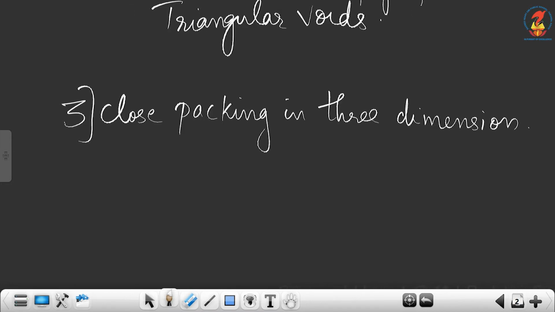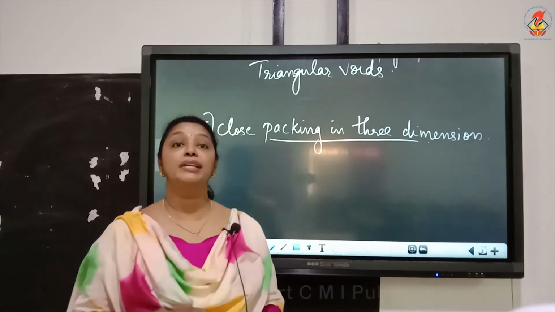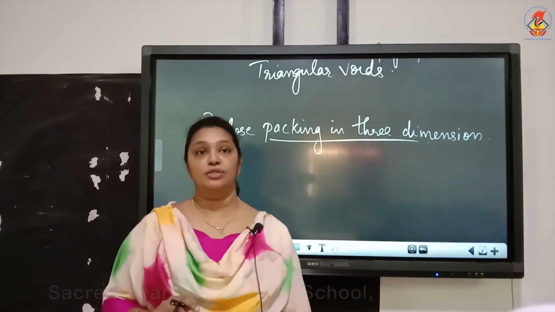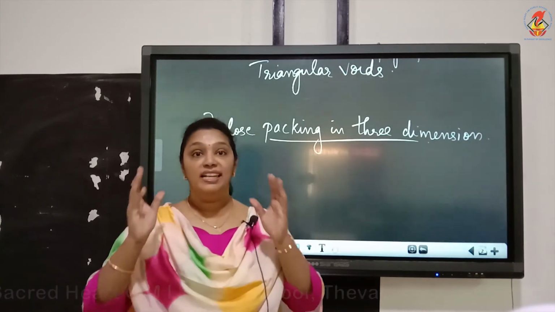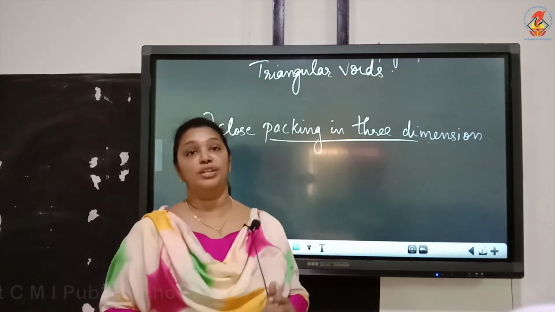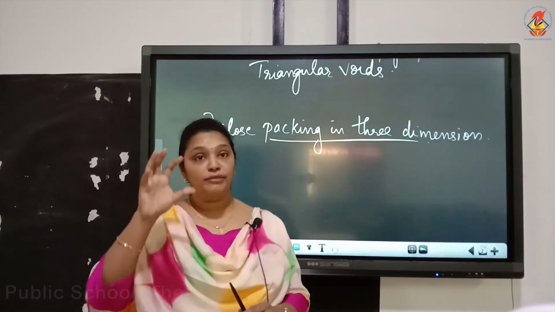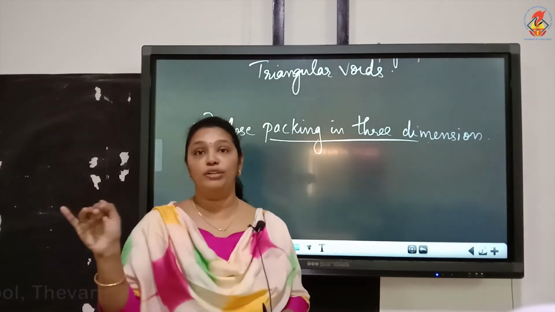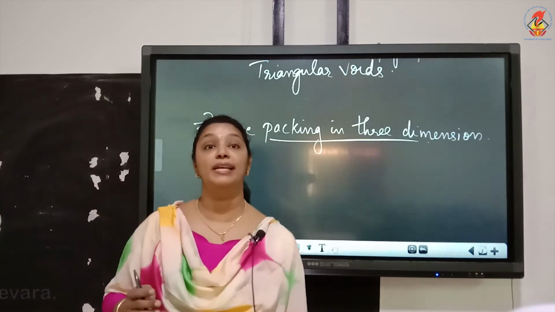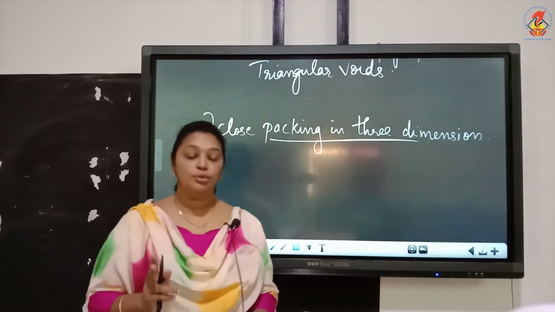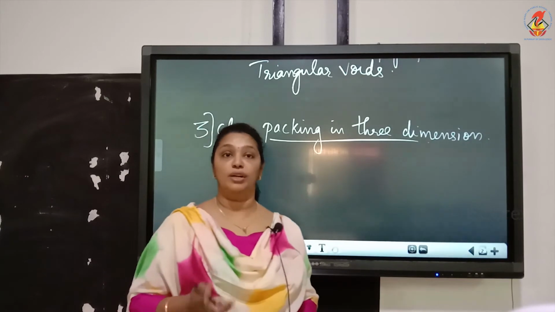Now, when you study the close packing in 3 dimension, we are going to keep a layer over the first layer. So, now we have with us a first layer, that layer is of 2-dimensional close packing. Now, on that first layer, we are going to place a second layer. It is not a row we are going to place, we are going to place a layer. Again, there are 2 ways of 3-dimensional close packing.